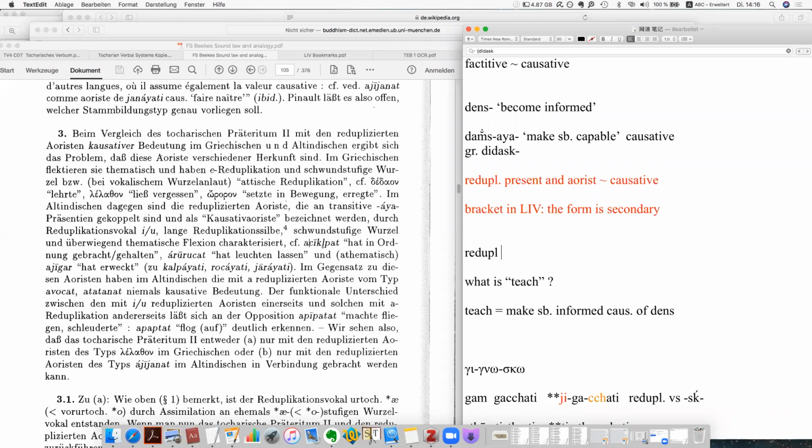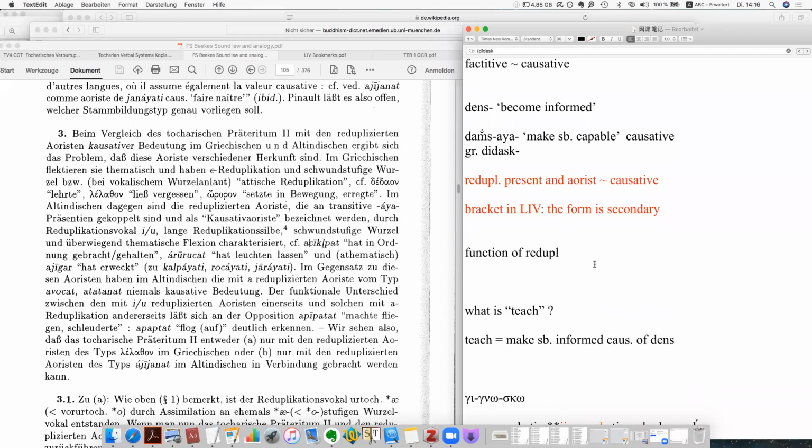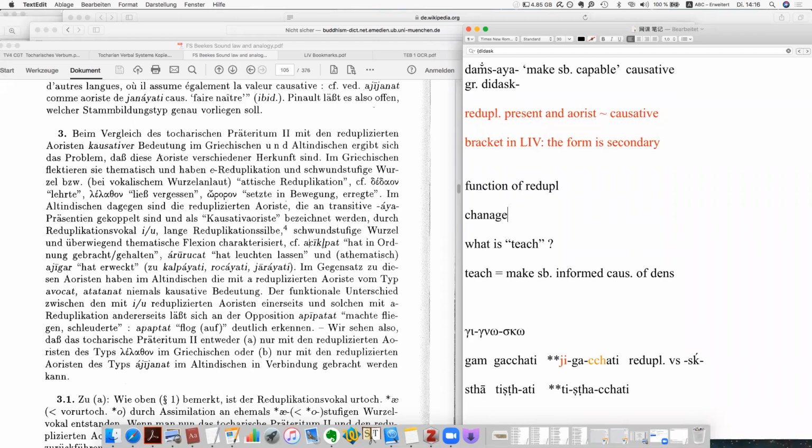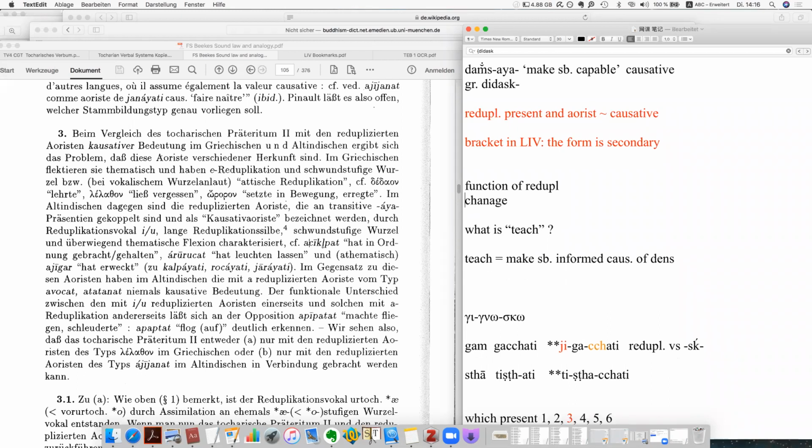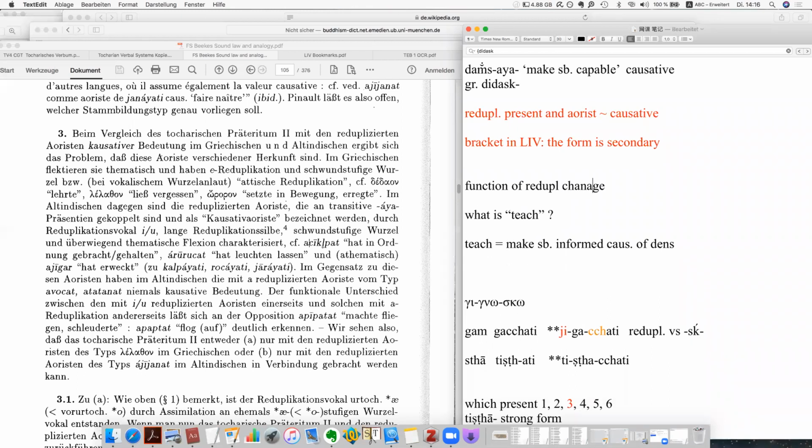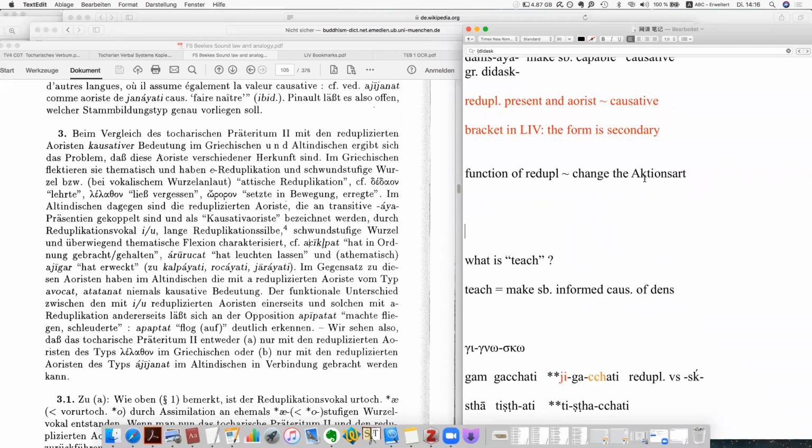Okay, it's fine. So what is the function of reduplication? Generally speaking, the function of reduplication is to change the aktionsart, right?